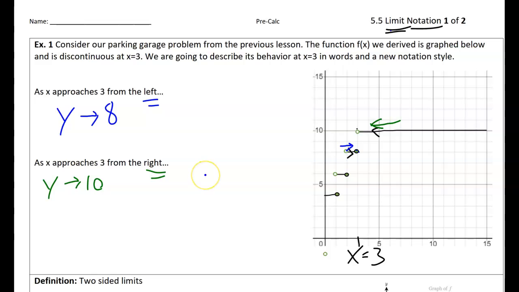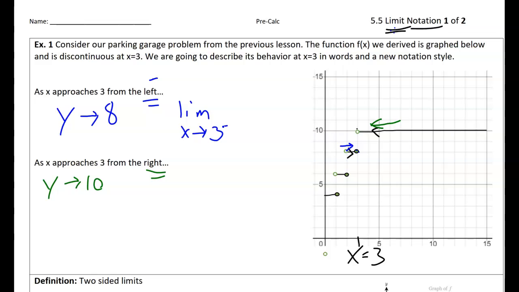Now, the way we're going to write this down in our new limit notation is I'm going to say the limit as x approaches 3, and here we need a direction. The way we're going to say it from the left is, the left is smaller than 3. It's the negative direction. So I'm going to put a little minus behind the 3. That doesn't mean negative 3.